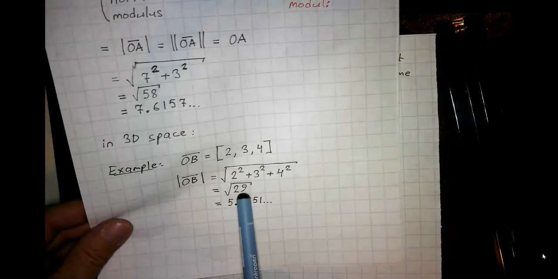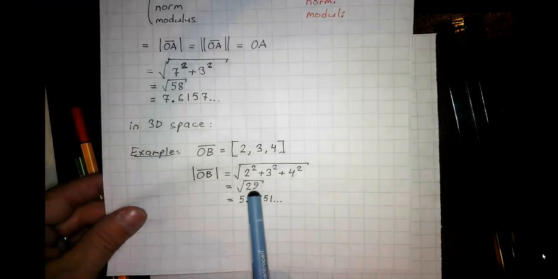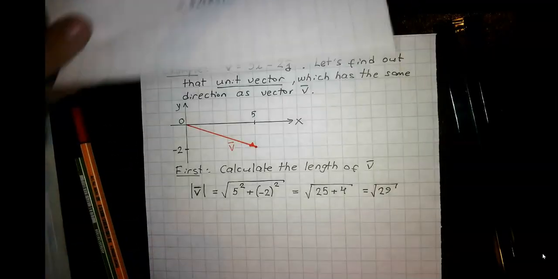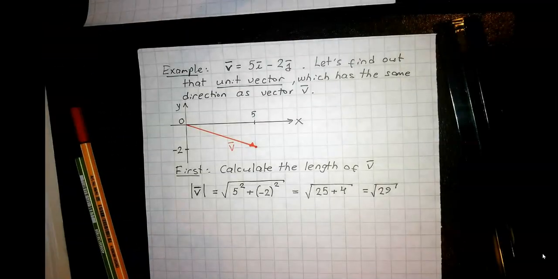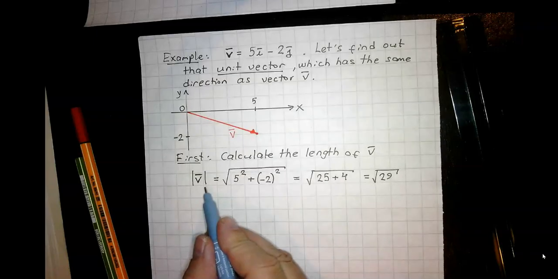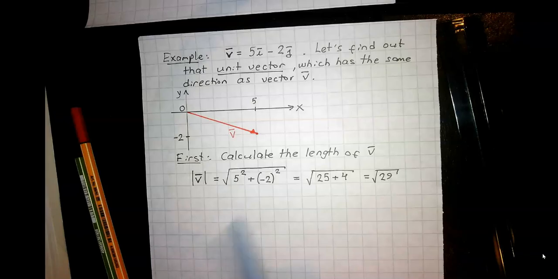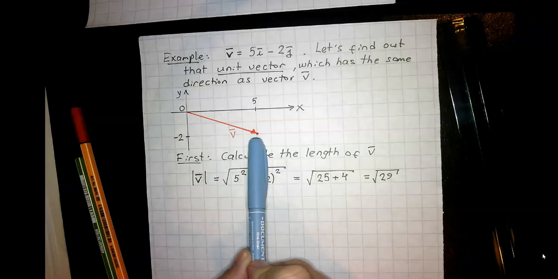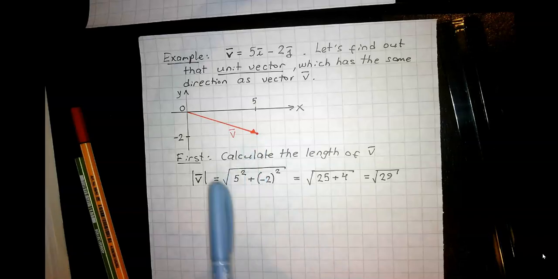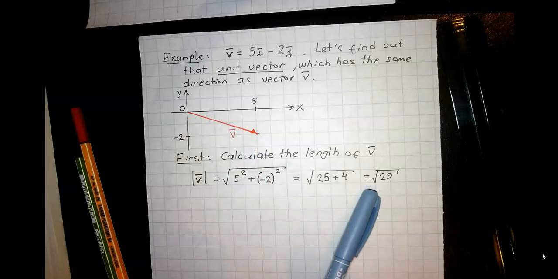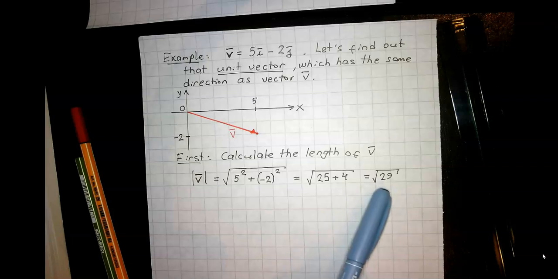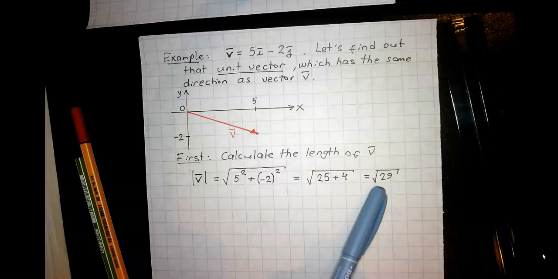Somehow I got the same length of this vector. It was just a coincidence there. And this is the length of this vector. When we divide that length by itself, if we divide this number by square root of 29, we get 1 unit.